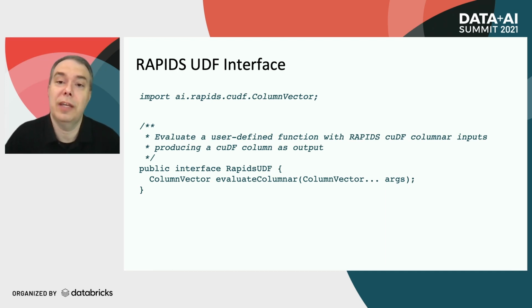So again, using that example before, if you had a CPU UDF that was using, let's say, a string and an integer as the two arguments, and it produced a string, then in this case your evaluateColumnar would receive two column vector arguments. The first would be a string column. The second would be an integer column batch, and they would have the same number of rows as input. And then you would produce a column vector of string as output with the same number of rows as the row counts on the inputs.